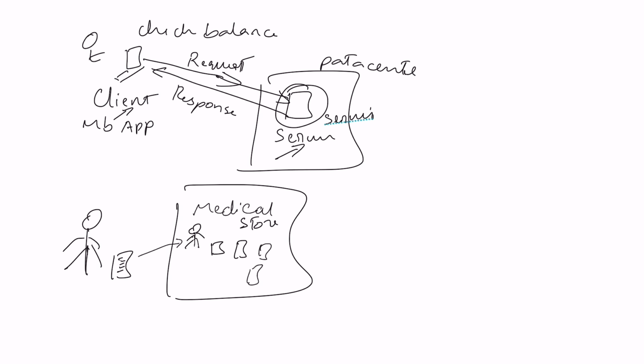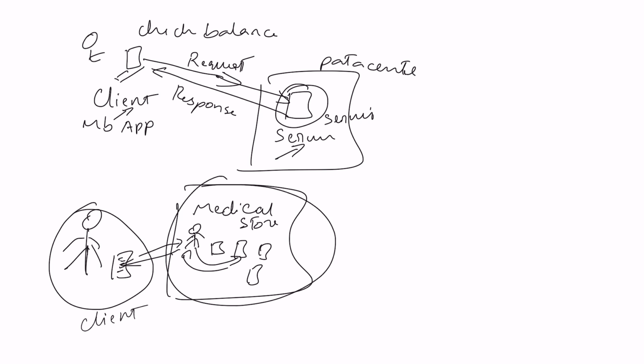He will check the prescription, go to some drawers, fetch the medicine back, and give it to you. In this case also, you can imagine that you are acting like a client, and this entire medical store, the pharmacy guy along with all the drawers and the medicines, is a kind of a server serving the request.